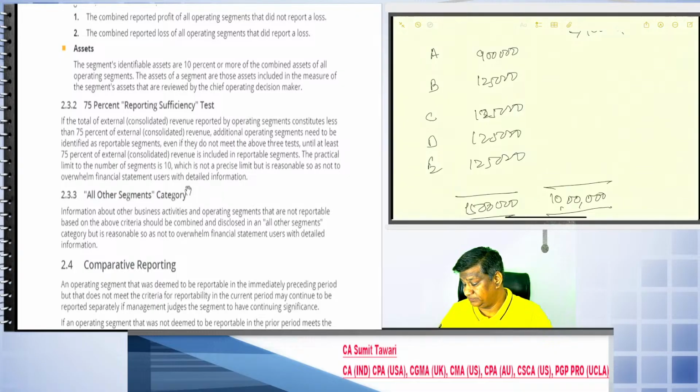So there is some F, it is basically 1 lakh. If you see, this will become the 15 lakh.